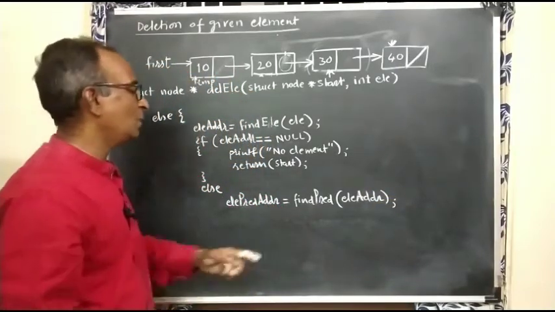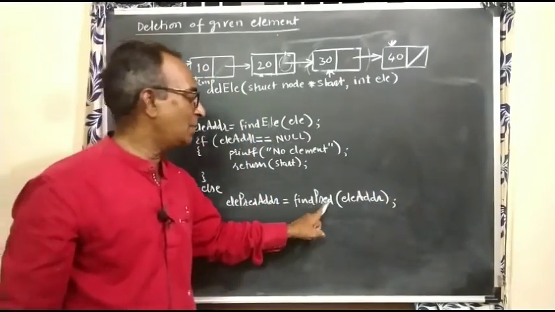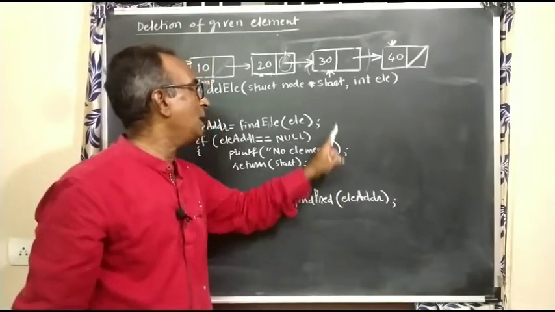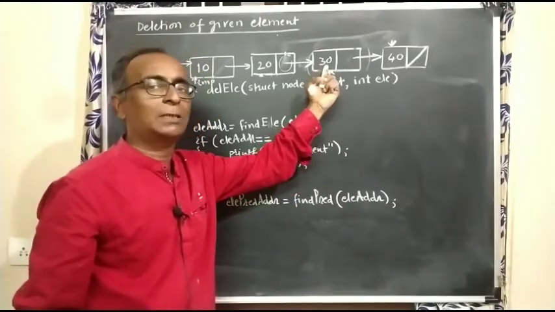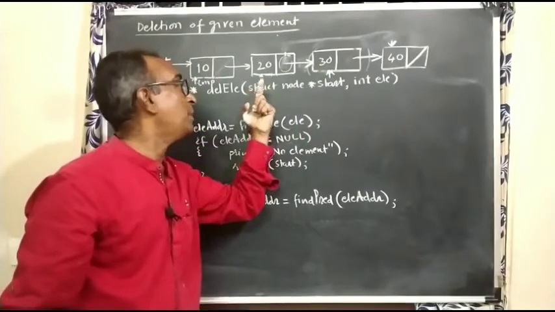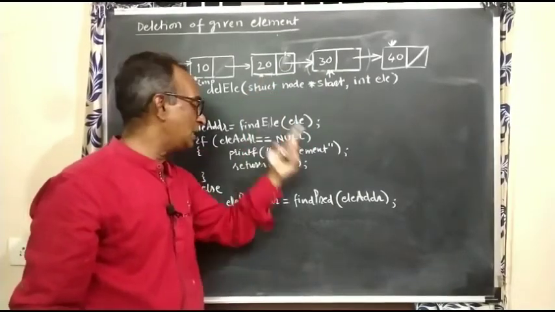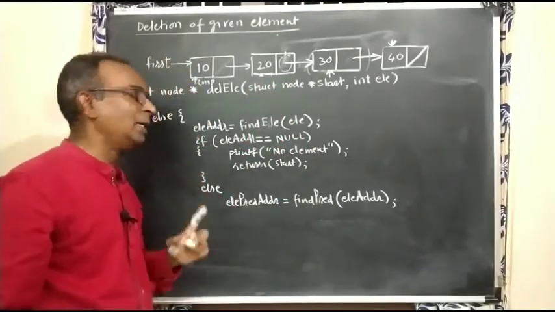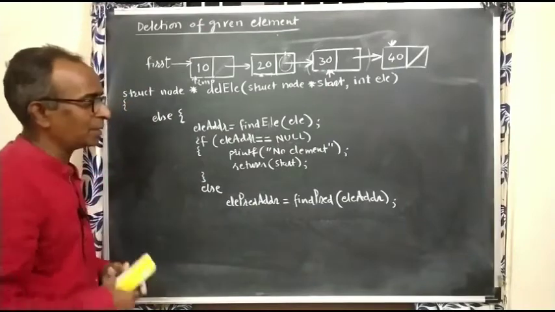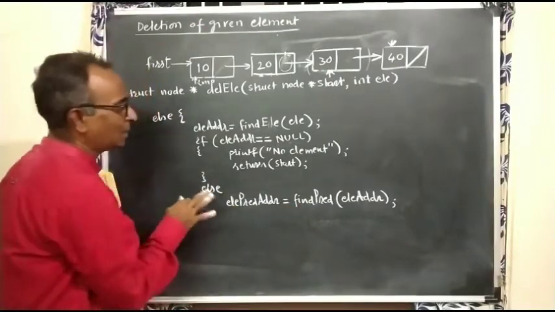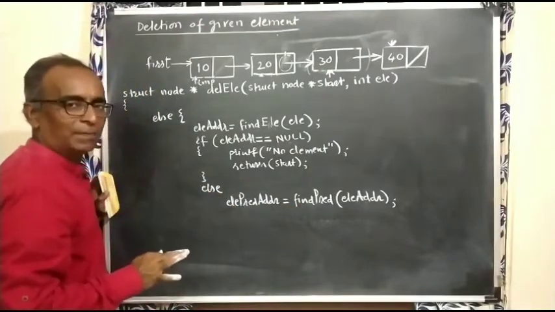What will this function do now? This will take one value, element address. Suppose element address is this. What is this node's predecessor? That predecessor I'll take into predecessor address. By this I am getting the predecessor address definitely.